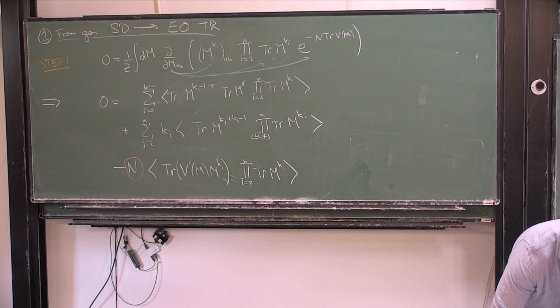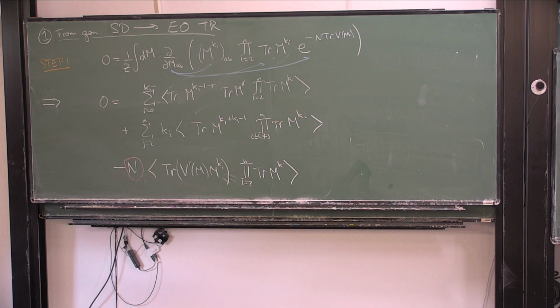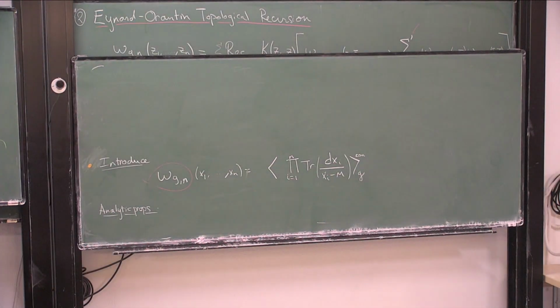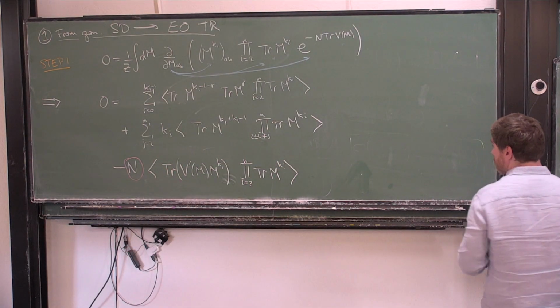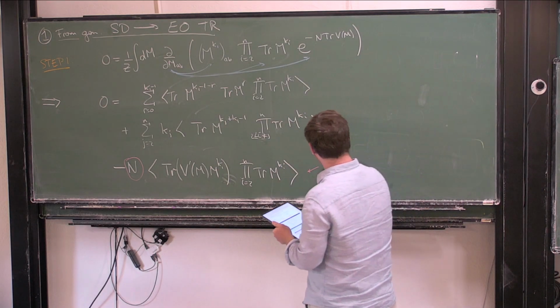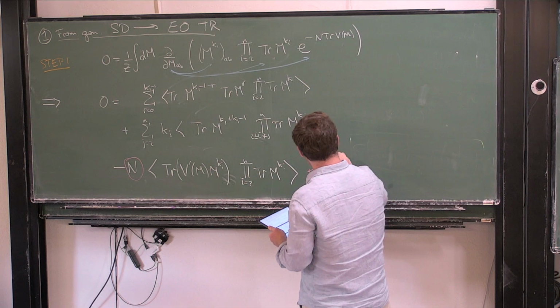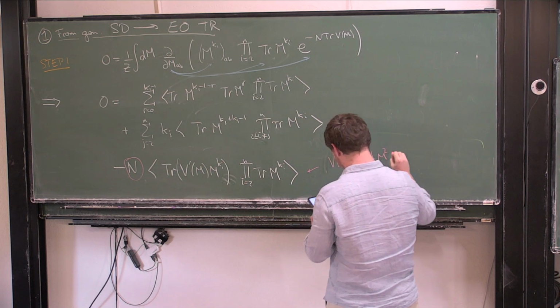Okay, so now let's just write this in terms of the connected correlators. And I'm going to move this guy to the left-hand side. Okay. And we're going to use that. We're going to write, say, v of m is 1/2 m squared.